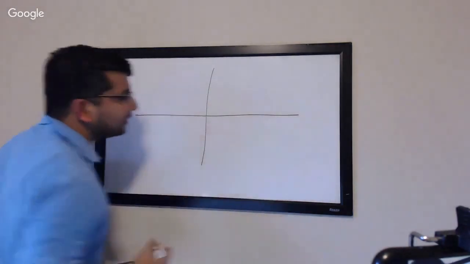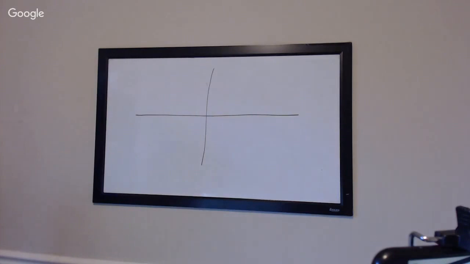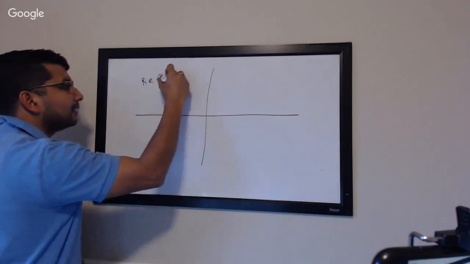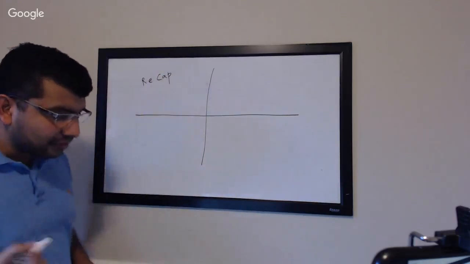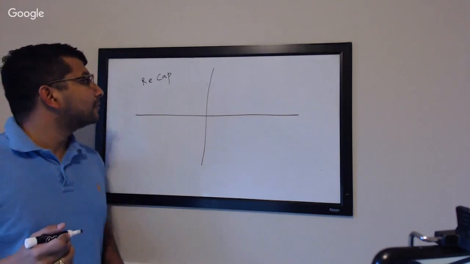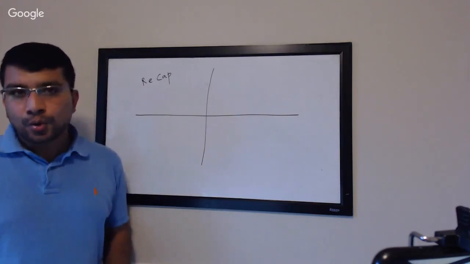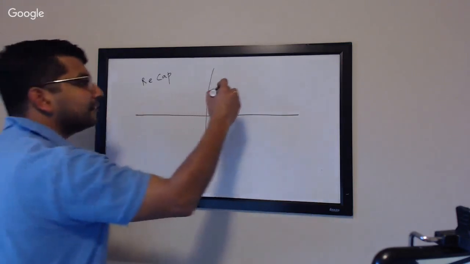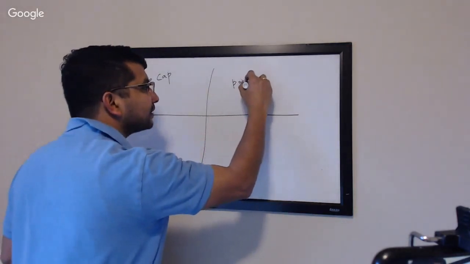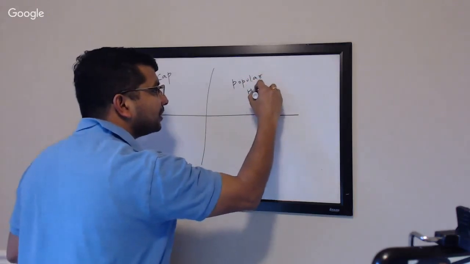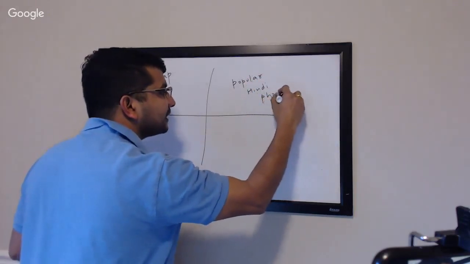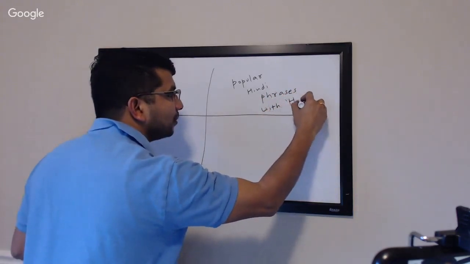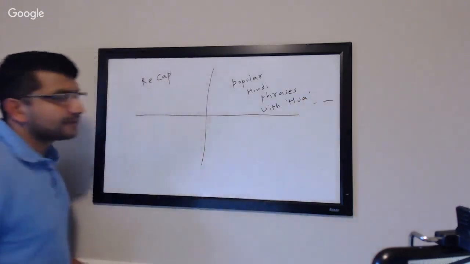Again, the class is divided into 4 segments. In the first half, we will talk about the recap. So if there's still any questions or confusions or unclarity about where to use hua, hue, and hui, we can still talk about that. In the second half, we will talk about popular Hindi phrases with hua and other types.